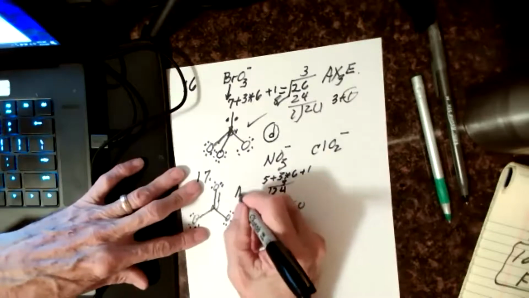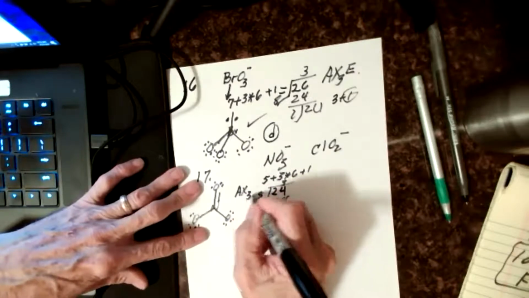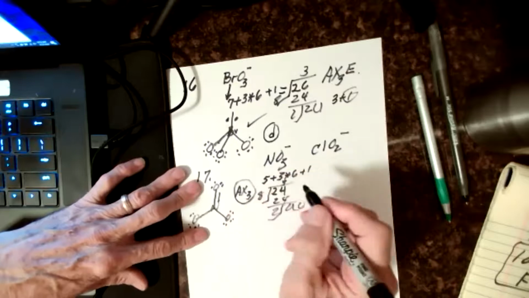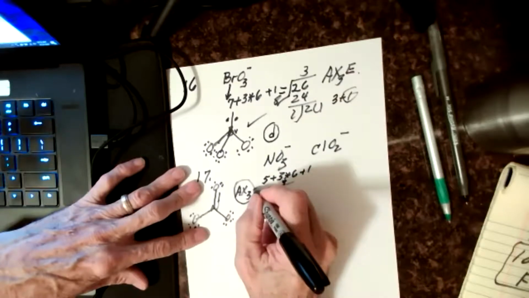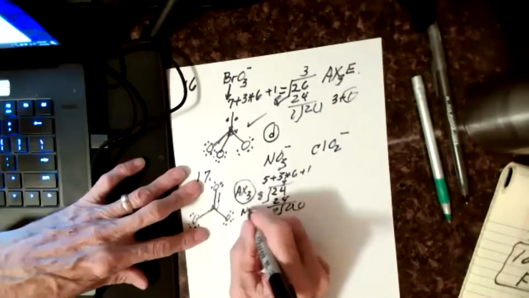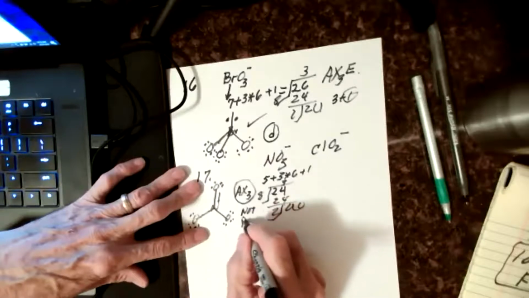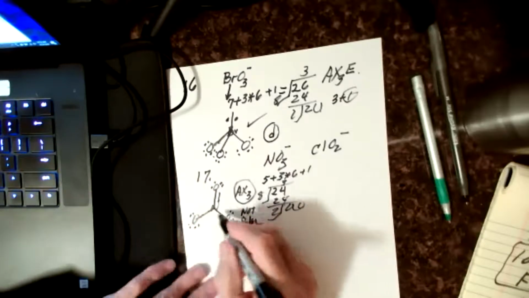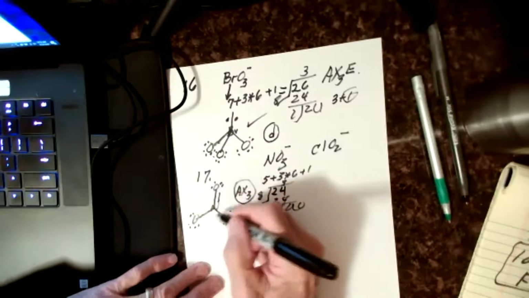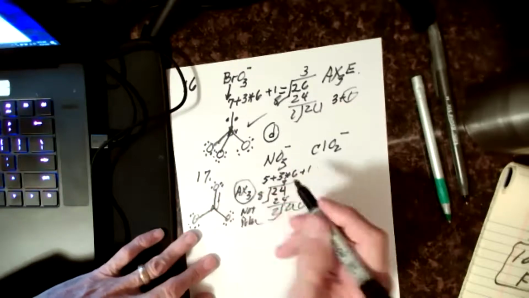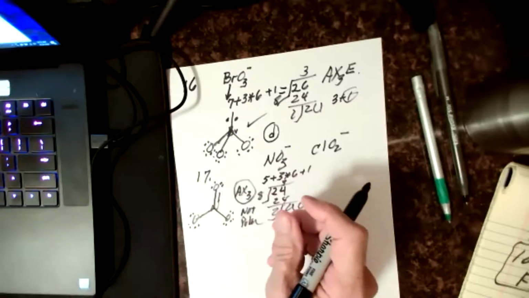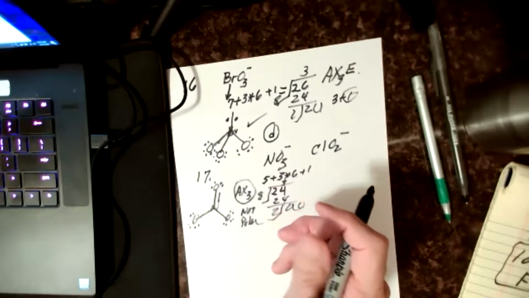It's an AX3, and the general answer for anything with no lone pairs is not polar. And you see this structure is symmetrical as well. And so that's not polar. So this structure is not polar.